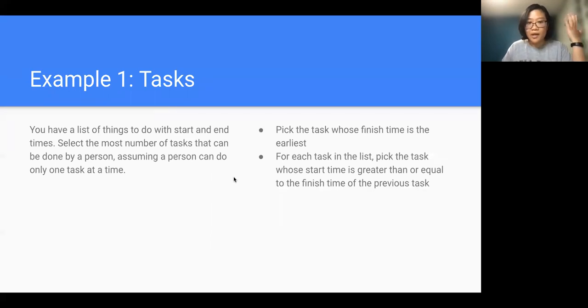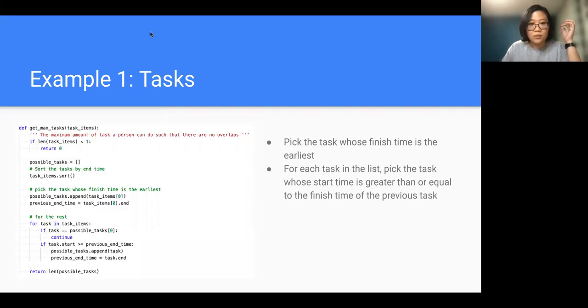So what does that look like? We have this idea and we want to translate it into code. So here we have it. We said pick the task whose finish time is the earliest. How do we find out which task's finish time is the earliest? We want to sort by end time, right?